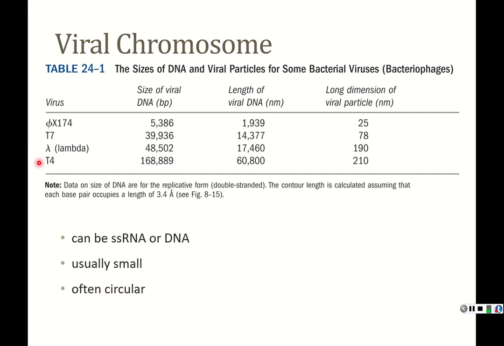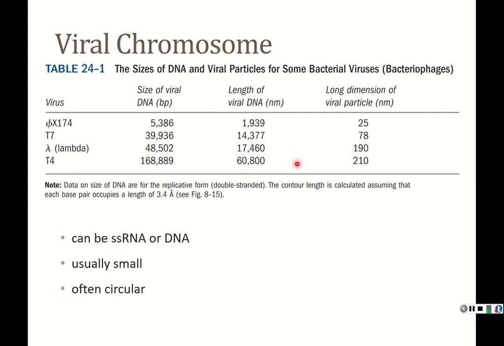Table 24.1 from our book shows a number of different bacteriophages, and you really don't need to know this specifically. What's interesting though is they give the size of the DNA, and the size ranges drastically, and then the length of the viral DNA.